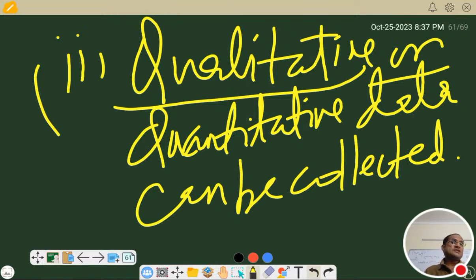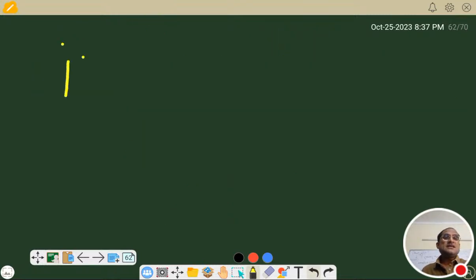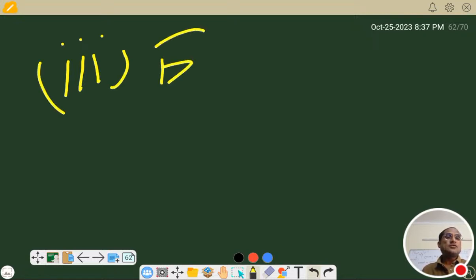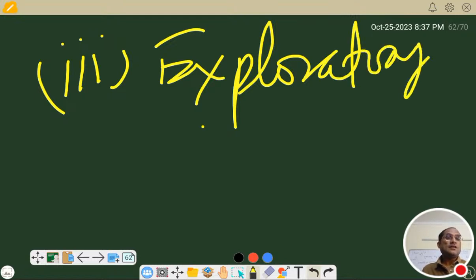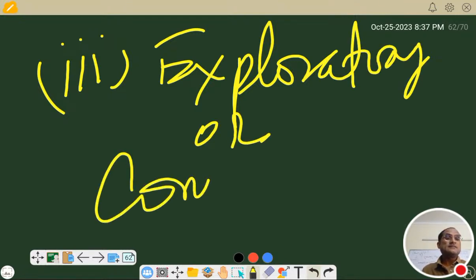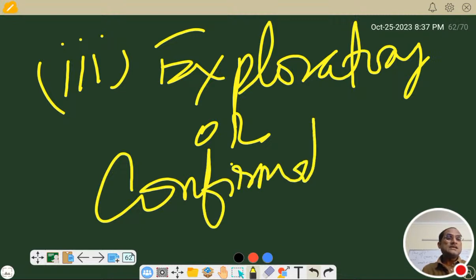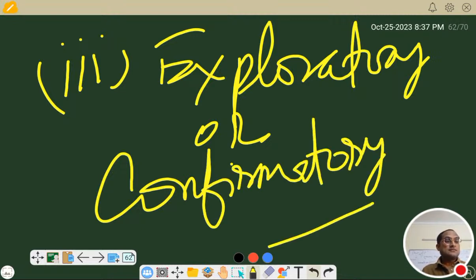Qualitative or quantitative. The case study can be exploratory or confirmatory. Sigmund Freud can be trying to resolve the issues in an exploratory manner by approaching the case with an open mind, not having any hypothesis in the back of the mind.